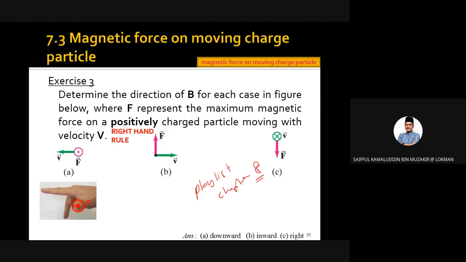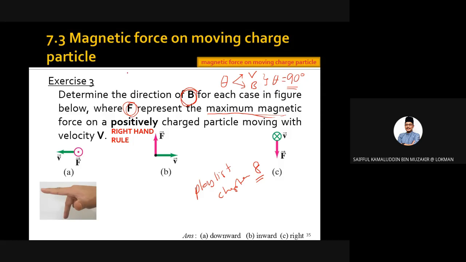Now determine the direction of B. For each case in the figure below, F represents the maximum magnetic force. If F is the maximum magnetic force, it means that theta between V and B equals 90 degrees.